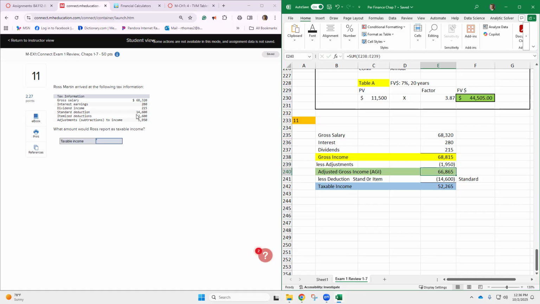My standard deduction is 14,600. My itemized is 12,600. You want to take the bigger. Okay, standard is bigger in this case. All right, so pick the bigger one because that means you have less income to be taxed on.